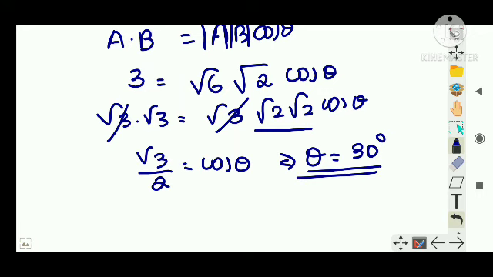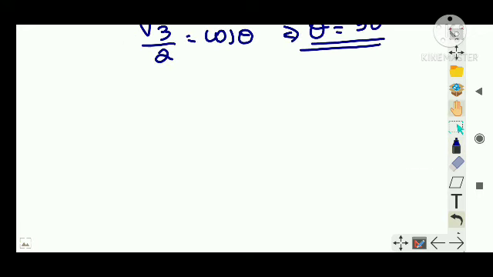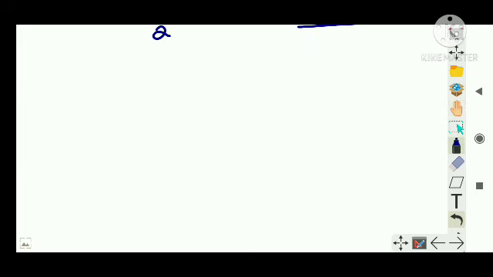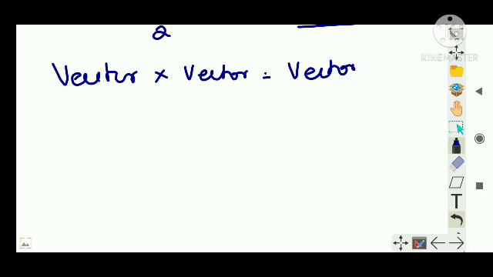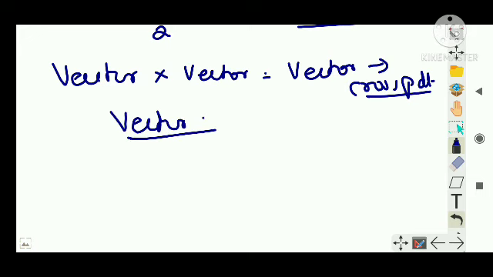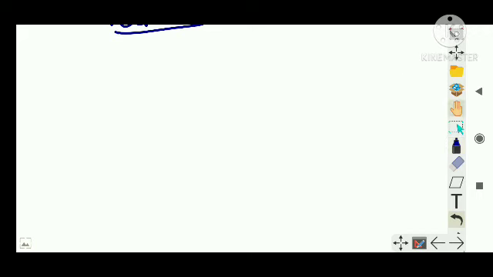Clear? Right. Now the next form is called our vector product. That is, when vector is multiplied with vector, you get the product which is also vector, known as cross product. Right? It is called cross product, or it is also known as vector product, because you are getting vector as the answer. Clear? Here also there are some rules.